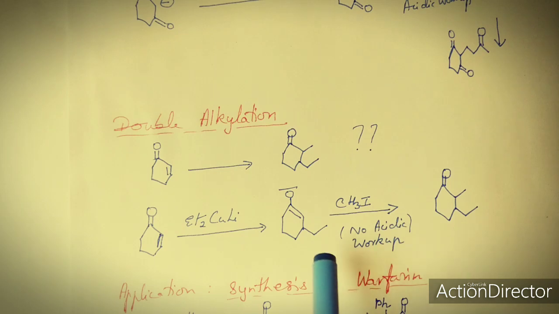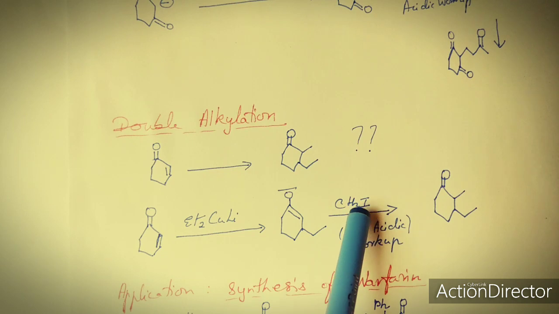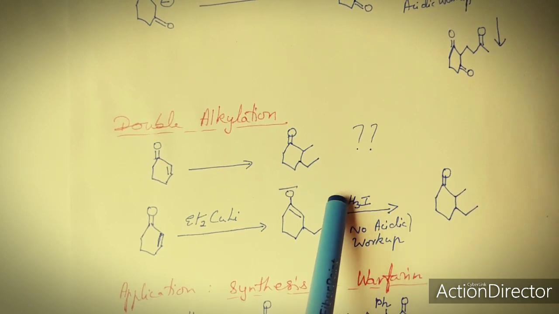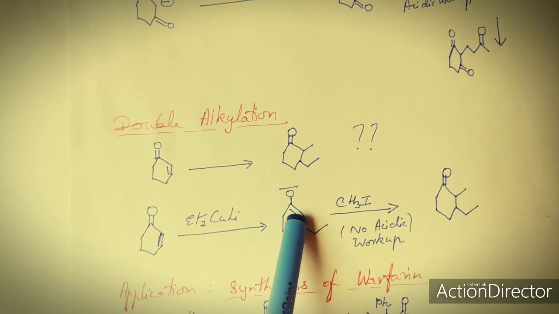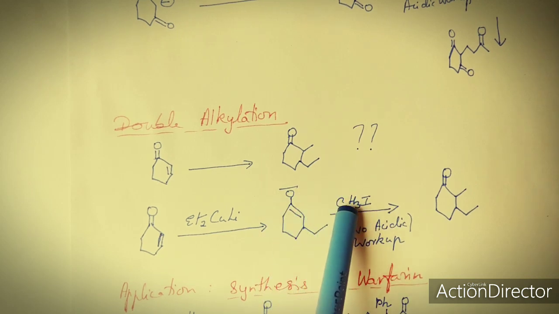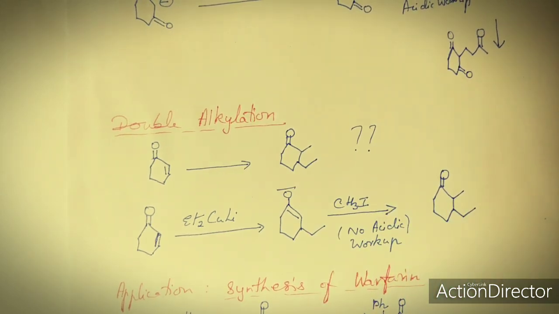Here, rather than the acidic workup, we are now using an alkyl halide. An alkyl halide will give us CH3 positive. So when this bond returns here, it won't associate with H positive, rather it will associate with CH3 positive, and we get a double alkylated product.